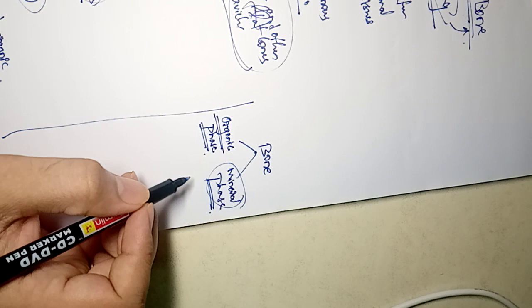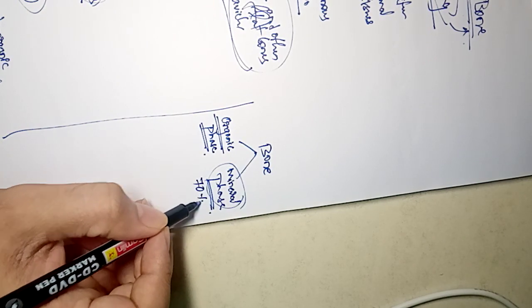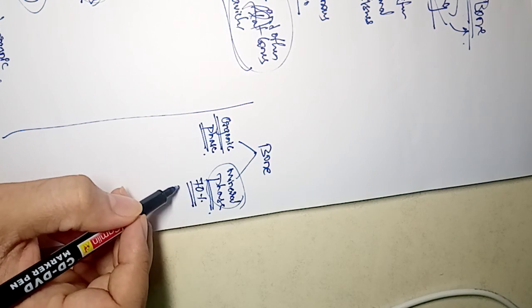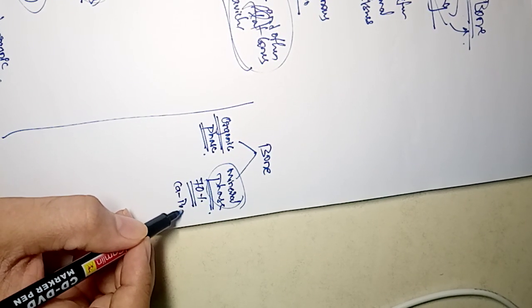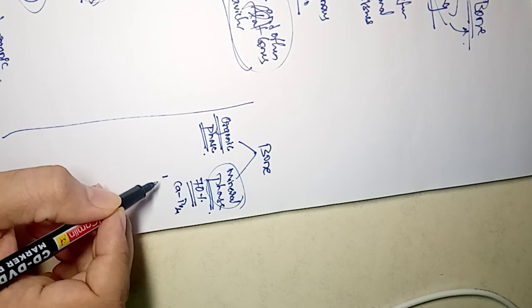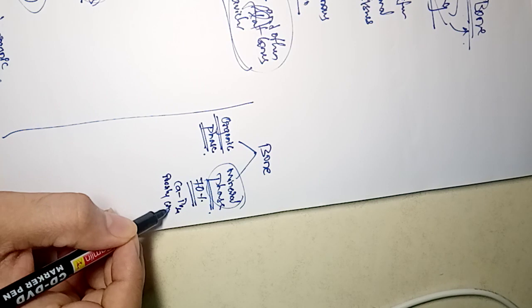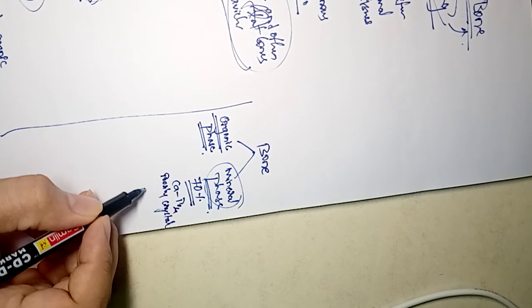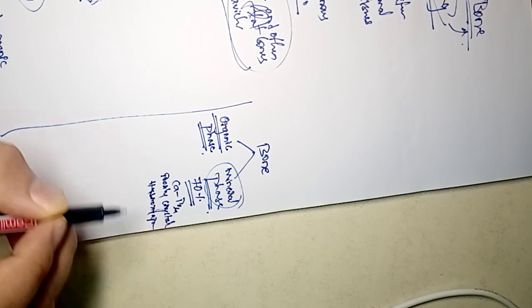So this mineral phase mostly occupies around 60 to 70% of the bone volume, and it is made up of calcium and phosphorus, a poorly crystalline hydroxyapatite.